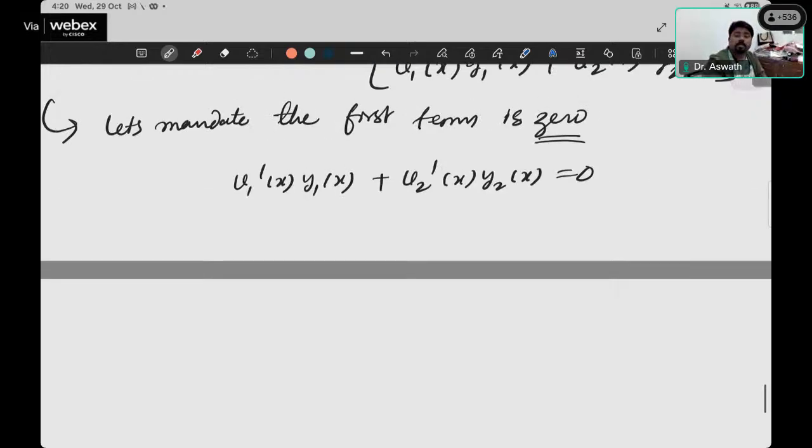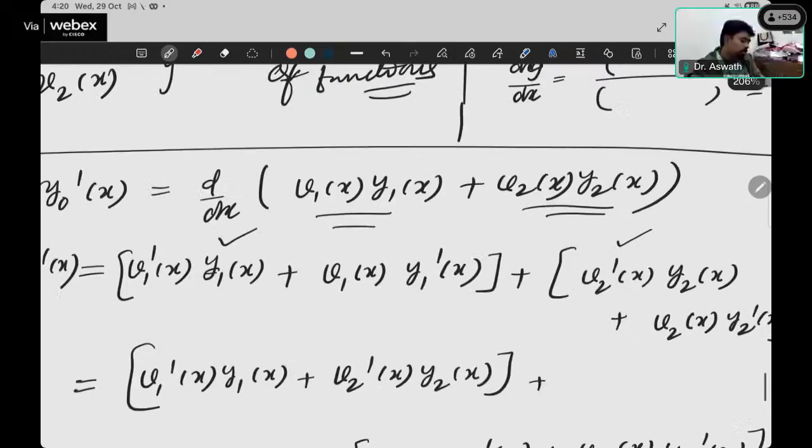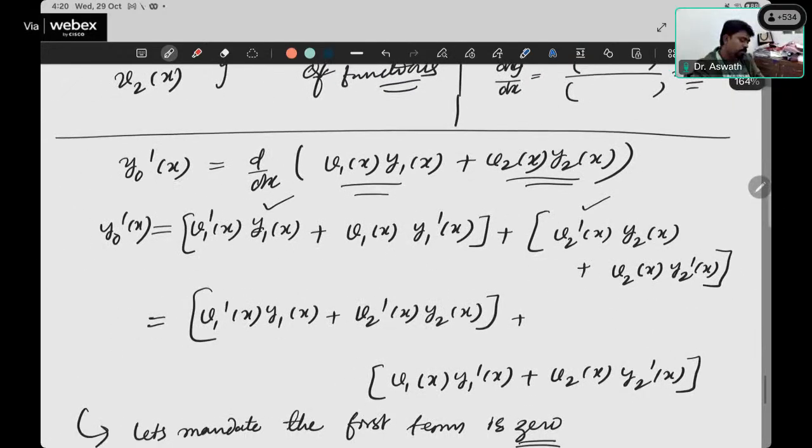And what is the other equation? y dash is equal to v1(x) y1 dash x plus v2(x) y2 dash x. Sorry, just a minute. What is this equal to?